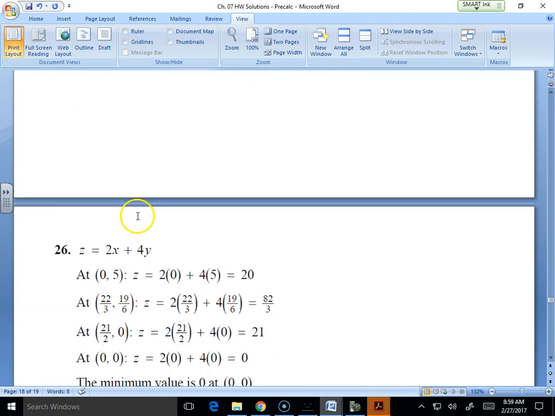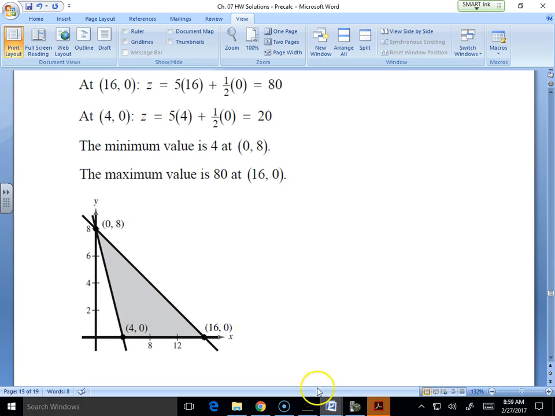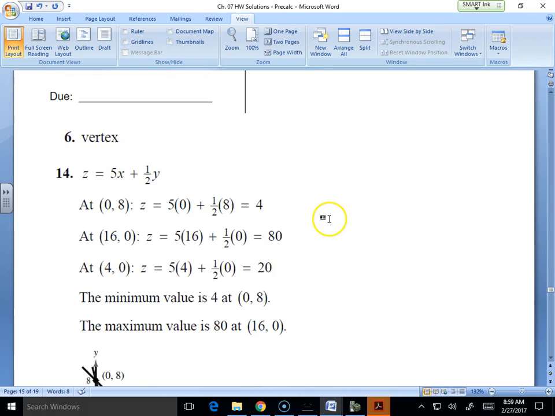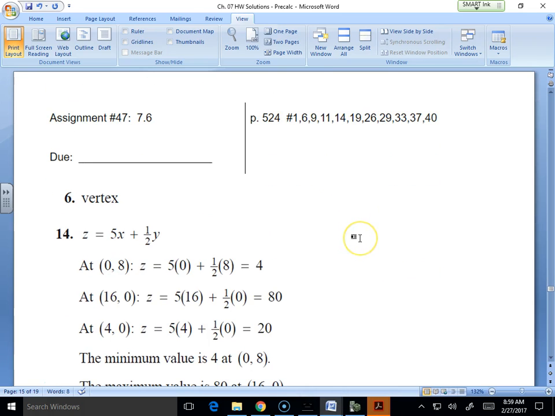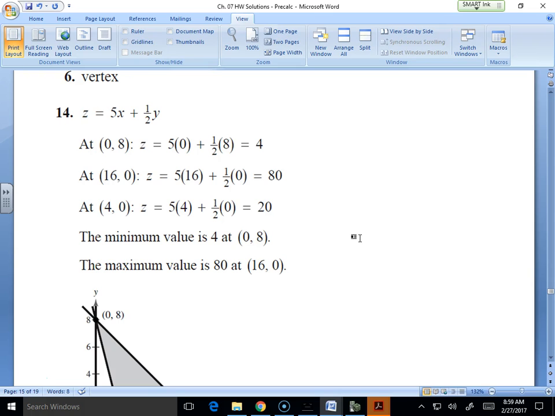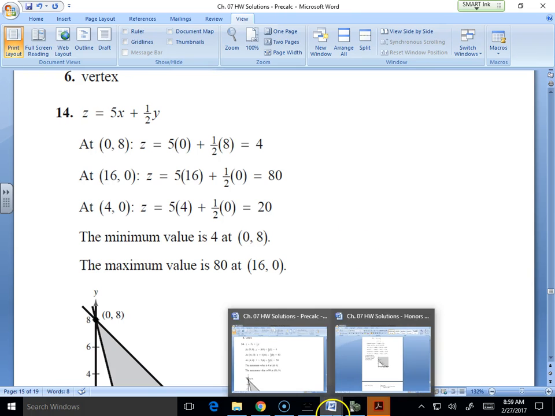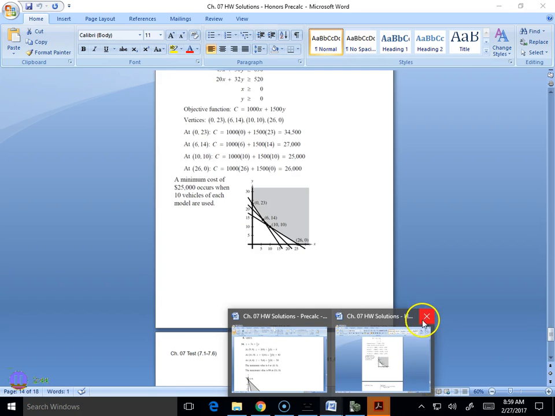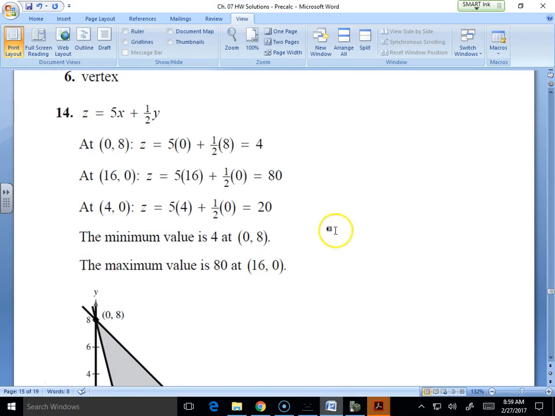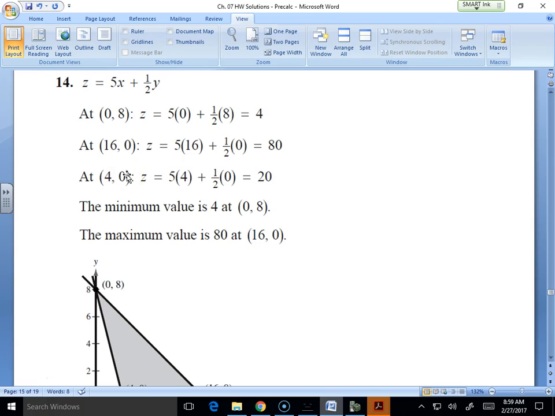Vertex. Is that better? Okay. What's going on? There we go. Number 6 is vertex. Number 14, let me give you a moment. They went ahead and sketched, and as they sketched, they were able to find the vertices (0, 8), (16, 0), (4, 0).